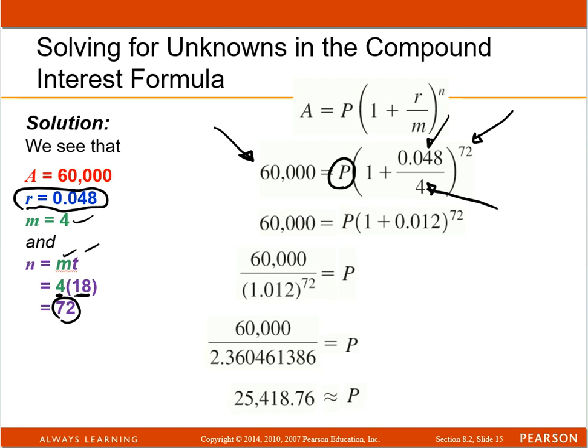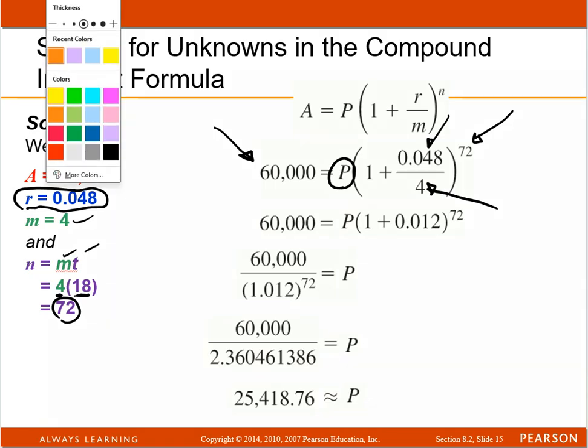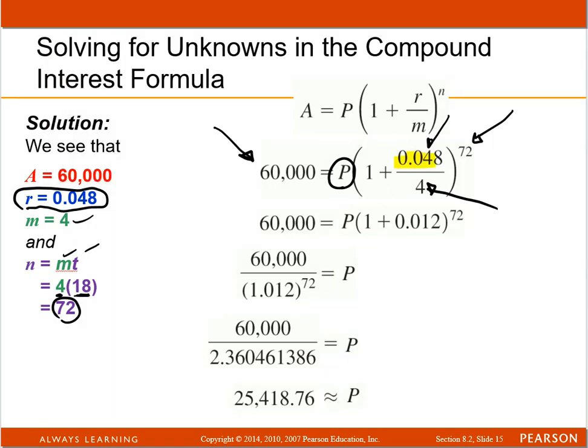So what they did is they did all the math inside the parentheses like they did before. They took the 0.048, divided it by 4, and then added it to 1. When they divided, they got that, and then when they added it to 1, they got this number here.